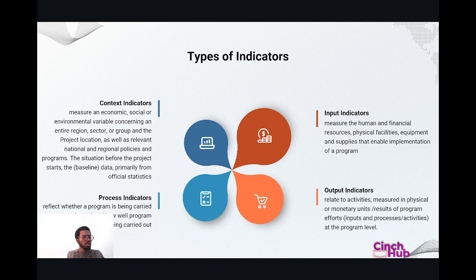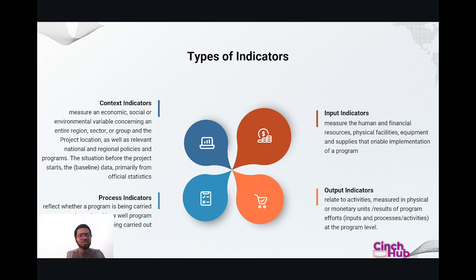For instance, you want to train out of school children on any vocational skill. Let's say plumbing, for example. You want to train out of school children on plumbing. Now, for the context indicator, you already have a location where you want to train them.